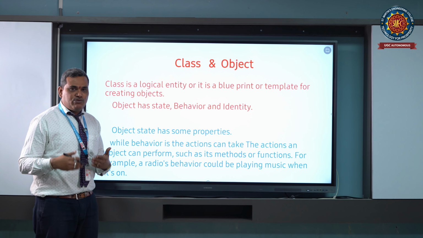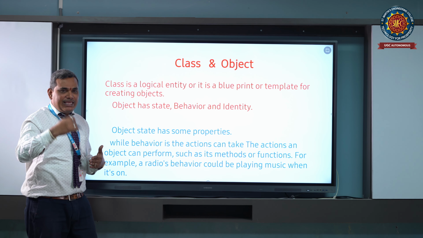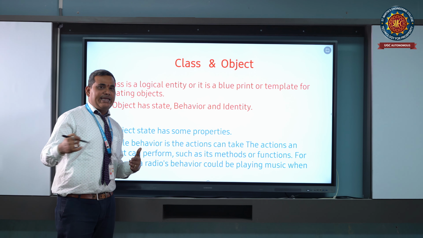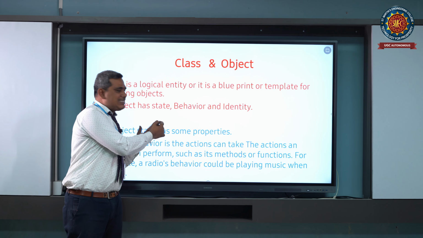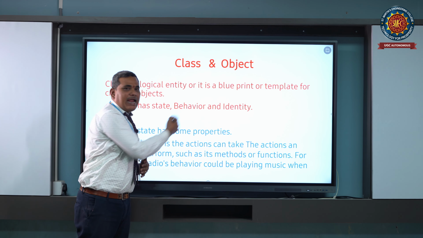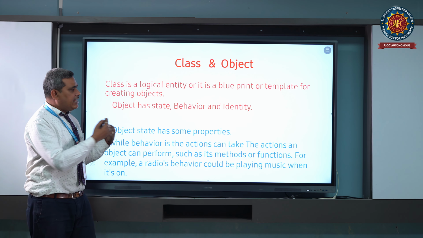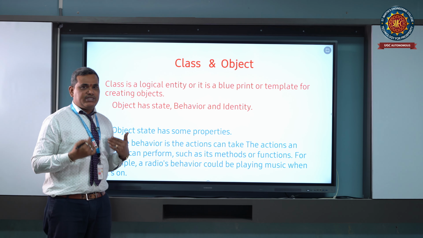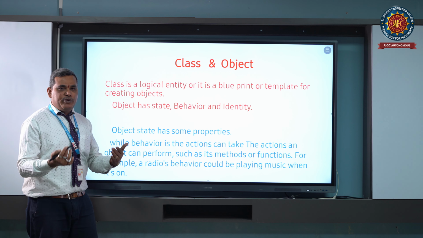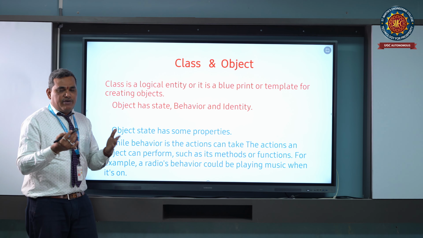So every time we can say that Java is an object-oriented programming language. In Java, everything is an object, so we call it an object-oriented programming language. Coming to the second one, every object has some state, behavior, and identity. Now see here, what is state, what is behavior, and what is identity? State is nothing but the attributes or variables of a program.